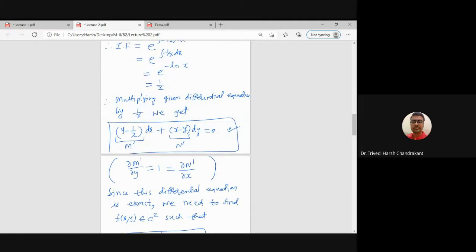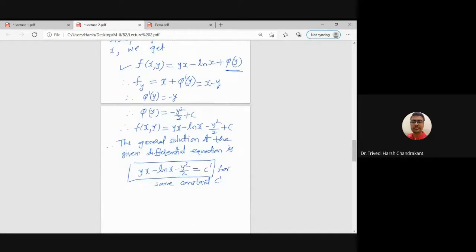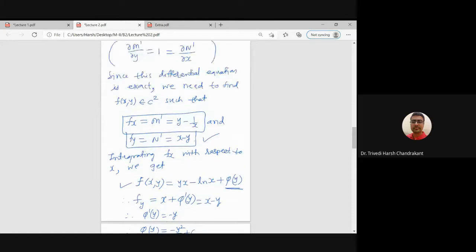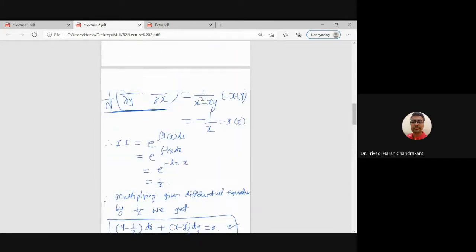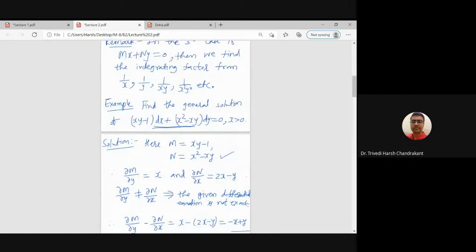Then you can convert y dx plus x dy as a differential of x into y, and then you can integrate and find the solution. So that is another method, but in that method also you are essentially using the integrating factor. You are actually guessing the 1 upon x function is an integrating factor directly, and multiplying by 1 upon x, the given equation becomes an exact differential equation, and you are integrating it.